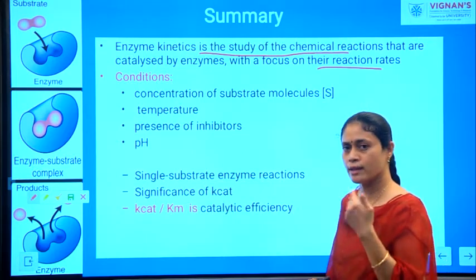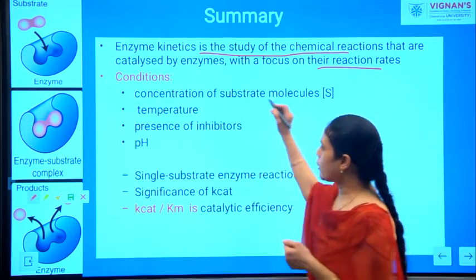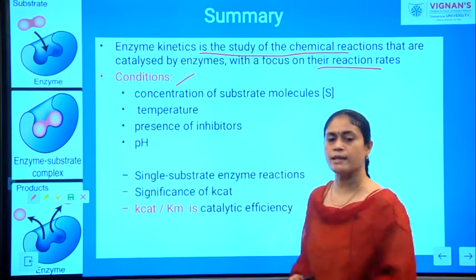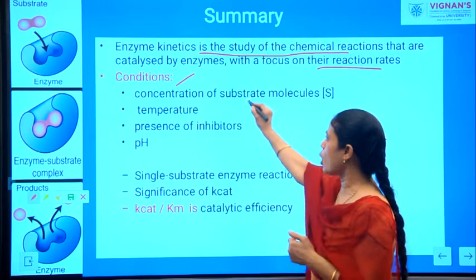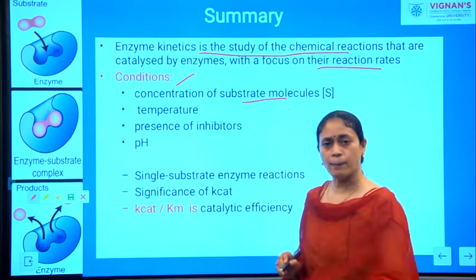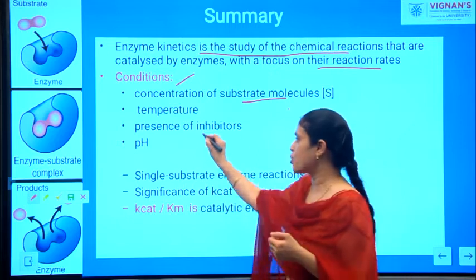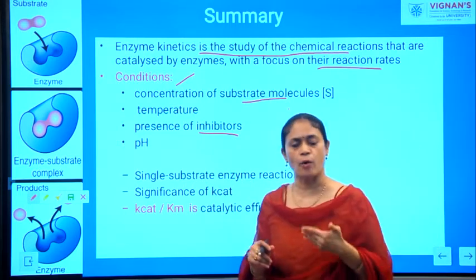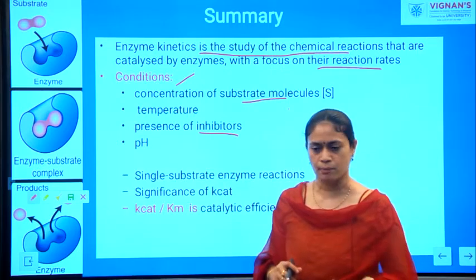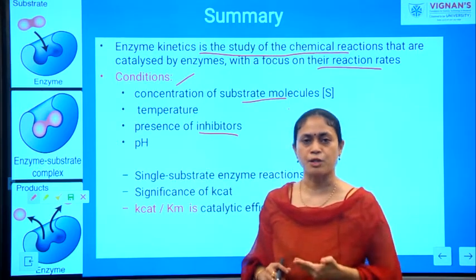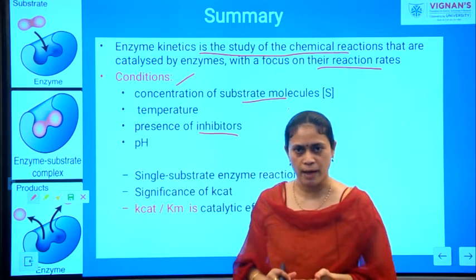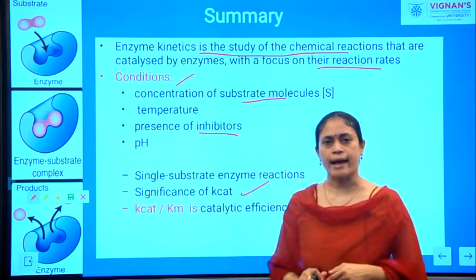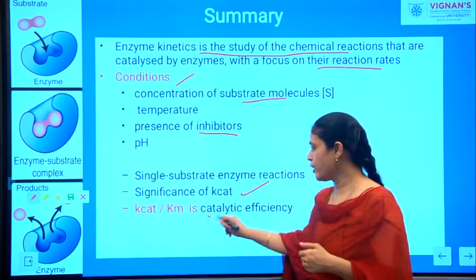The conditions affecting enzyme kinetics are the concentration of substrate, temperature, pH, as well as the presence of inhibitors. In today's session, we have also learnt about what Km is, what the steady state assumption is, and what the rapid equilibrium assumption is. Along with that, we have studied what kcat is and what the catalytic efficiency is.